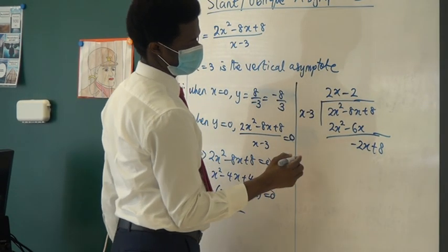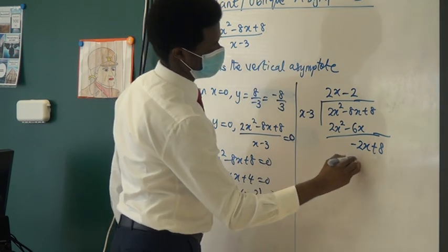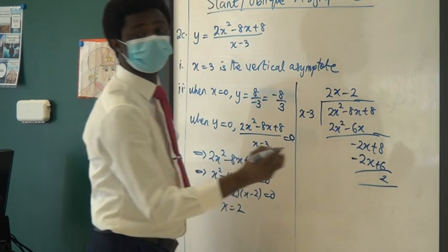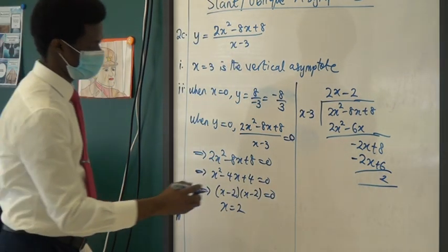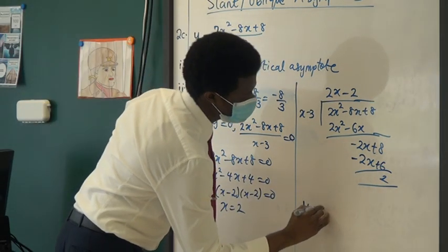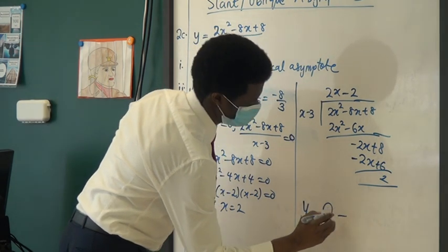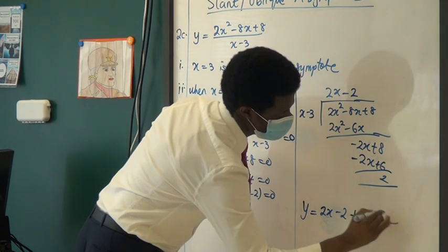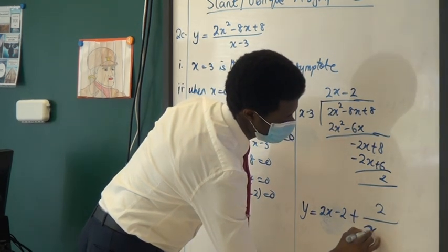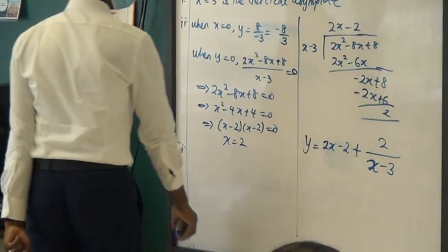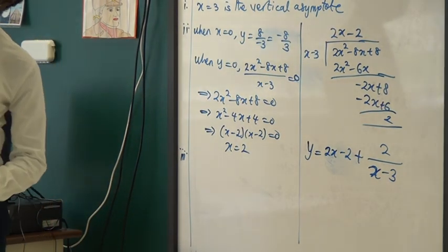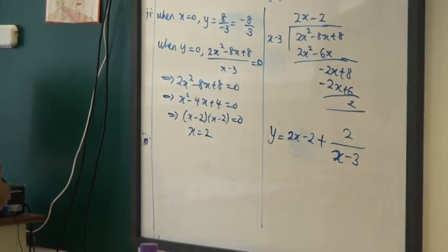Then minus 2, so we have minus 2x plus 6, then we have plus 2. So that gives y is 2x minus 2 plus 2 over x minus 3.